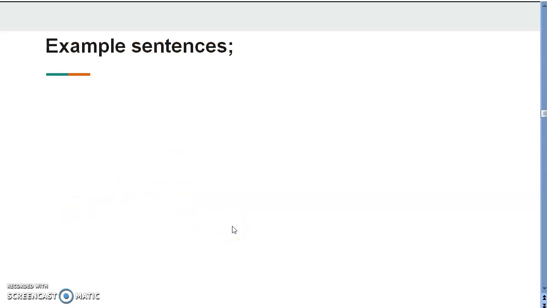Let's see some more example sentences. Here I gave you two sentences, and I'm going to show you how we can combine these two sentences using a relative clause. I highlighted the same words here, the time, and in the second sentence, then refers to the time in the first sentence.